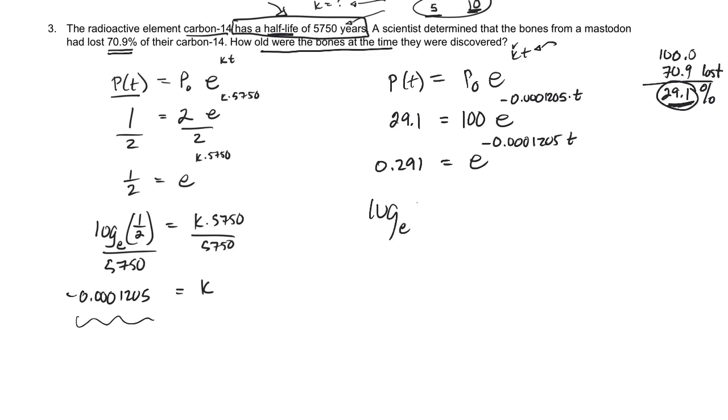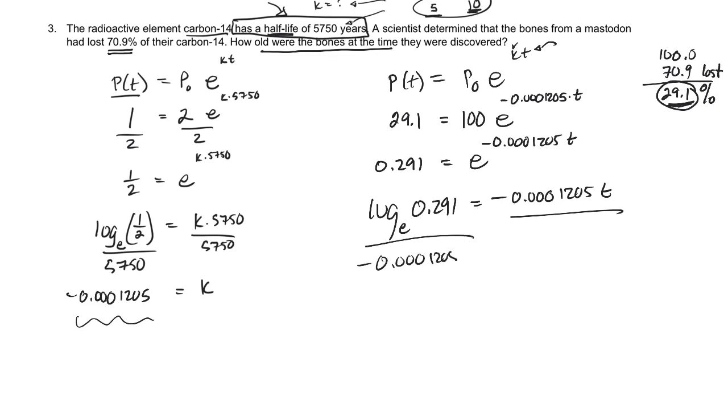Log base e of 0.291 is equal to negative 0.0001205t. Divide both sides by negative 0.0001205.